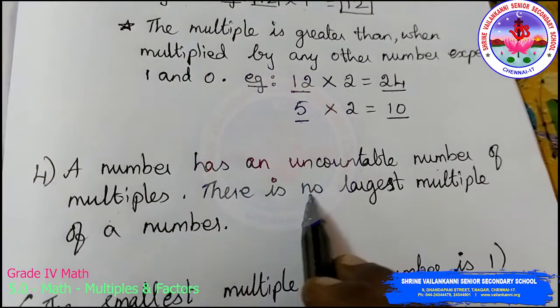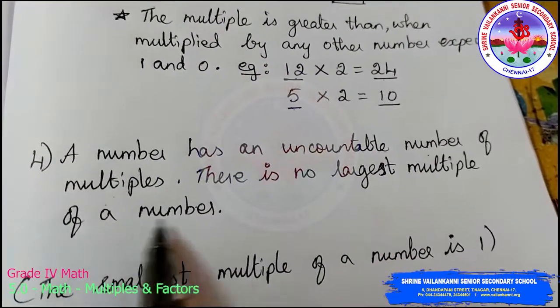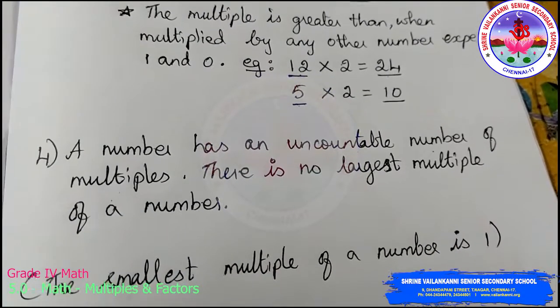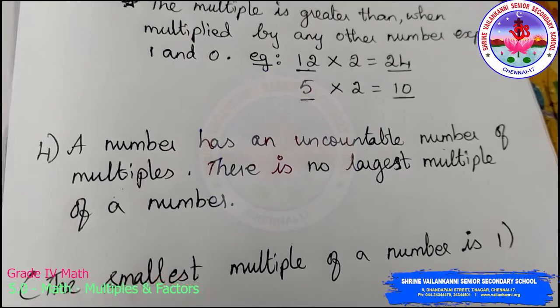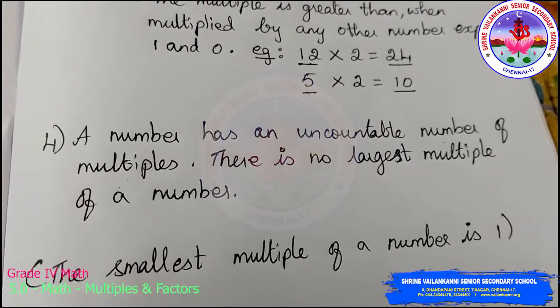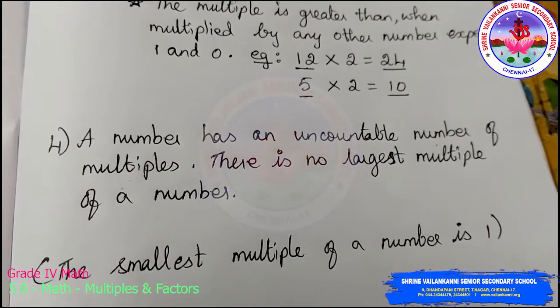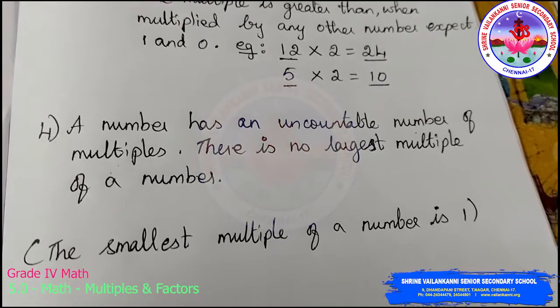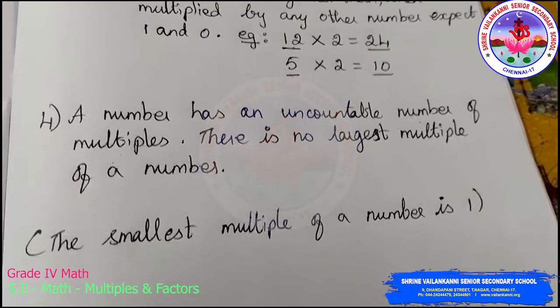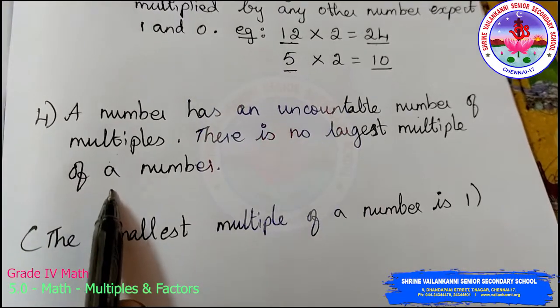So there is no largest multiple of a number. There is no particular largest multiple when you find the multiples. You can find infinite or uncountable multiples for any number. That is what this fourth property says.